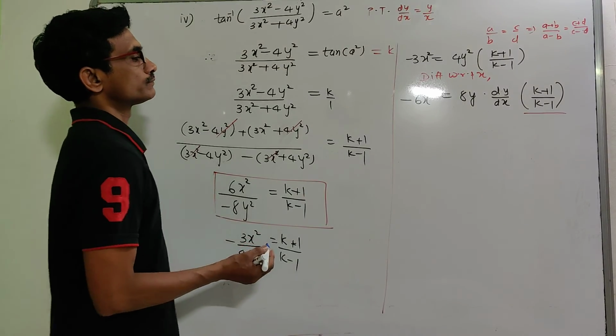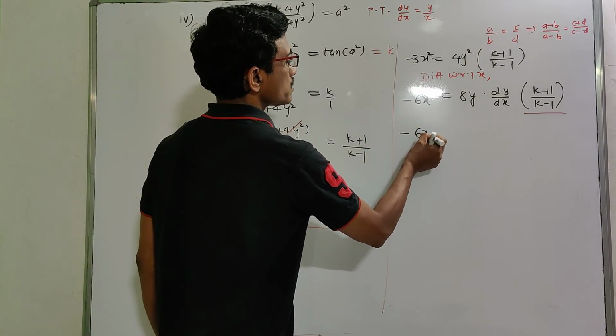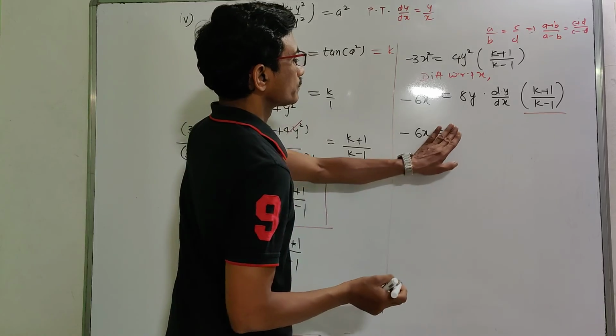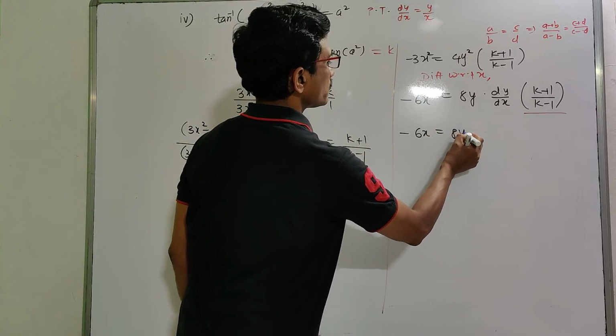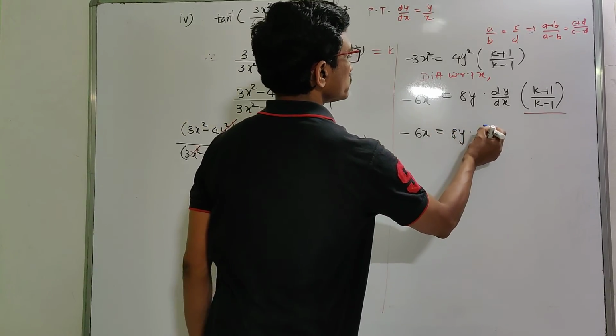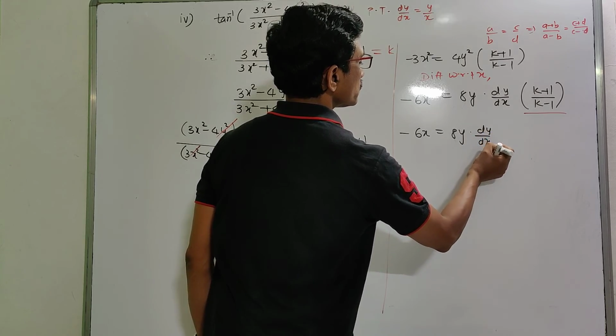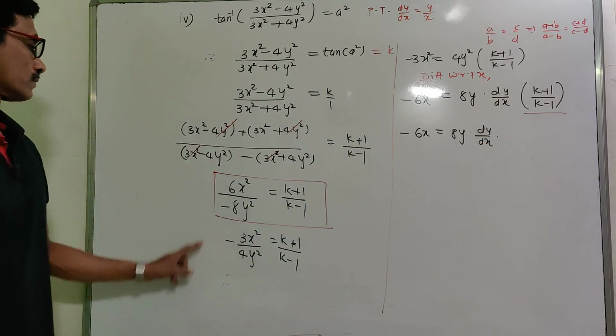So that minus 6x over 8y into dy by dx into this.